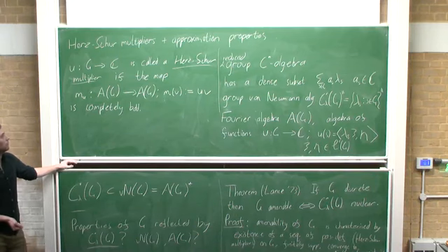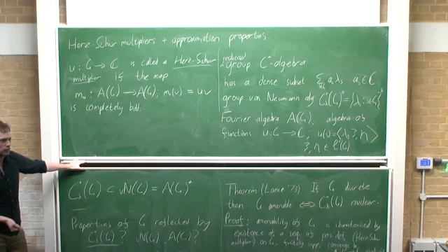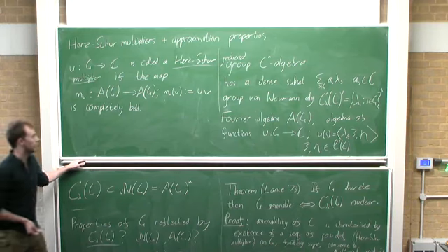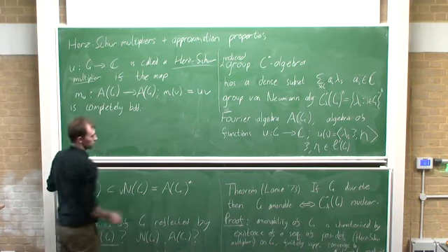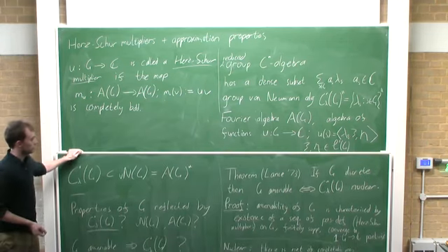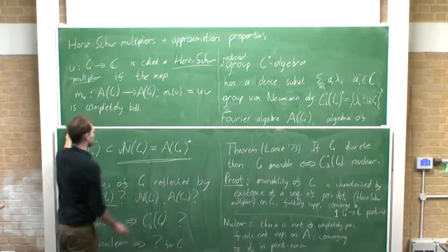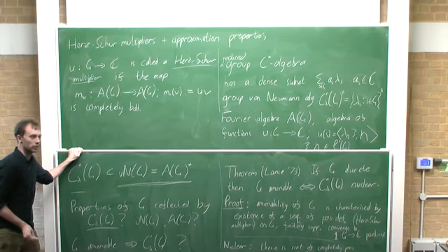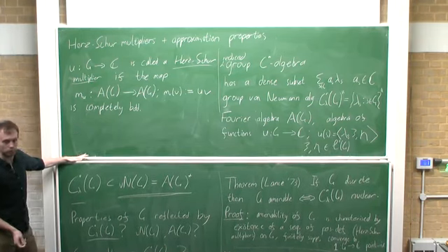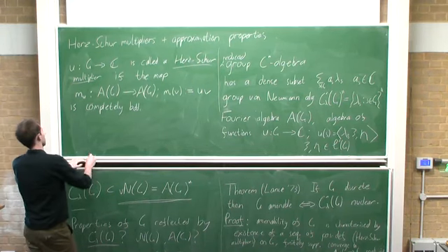I should say this characterization was given by Bożejko and Fendler in the 80s, I think. And because of this duality here, we can characterize it in terms of the group von Neumann algebra or the reduced group C-star algebra.